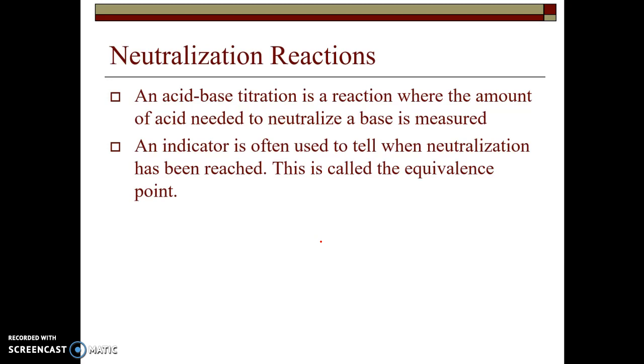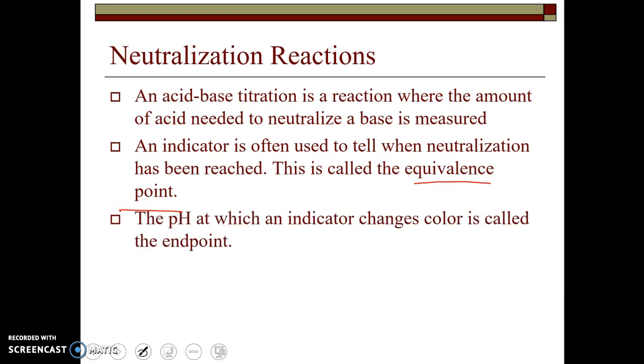The point where the solution has been neutralized is called the equivalence point. Very important terminology here. So we want to choose an indicator that will change colors when it's been neutralized, in other words, change colors at the equivalence point.